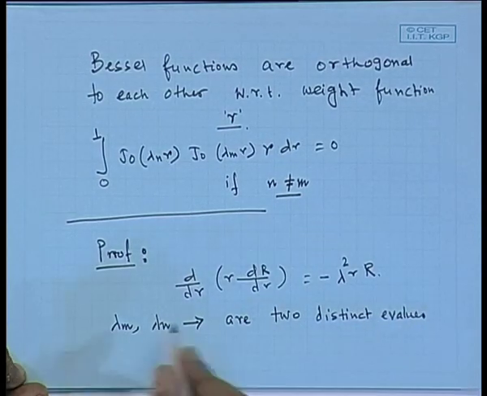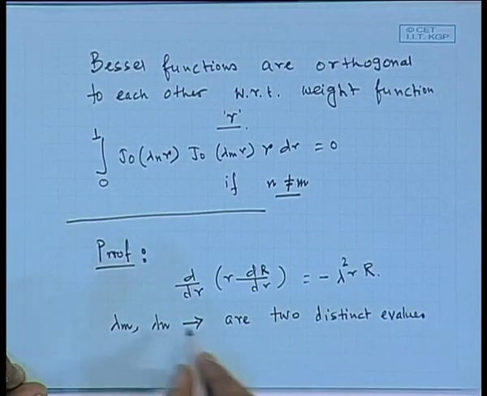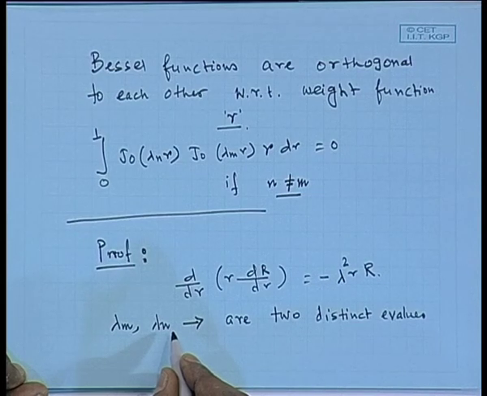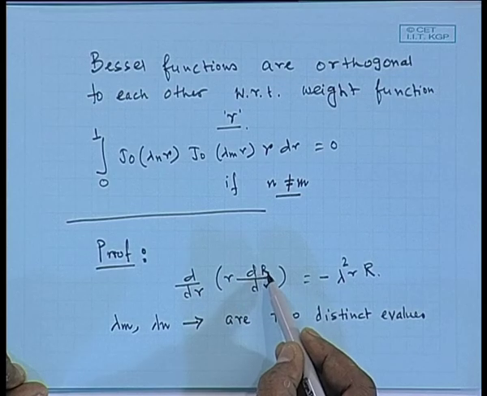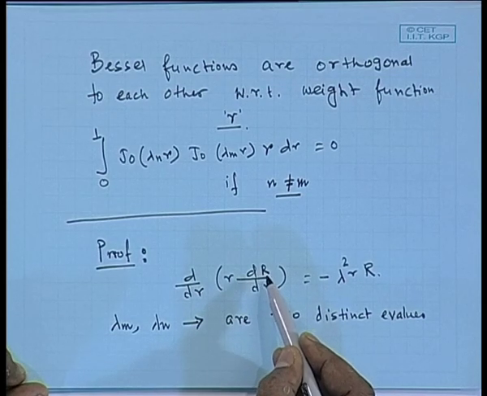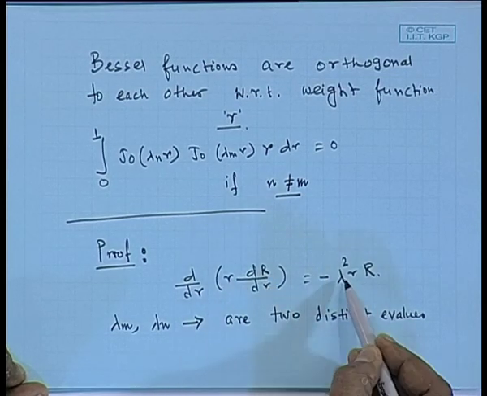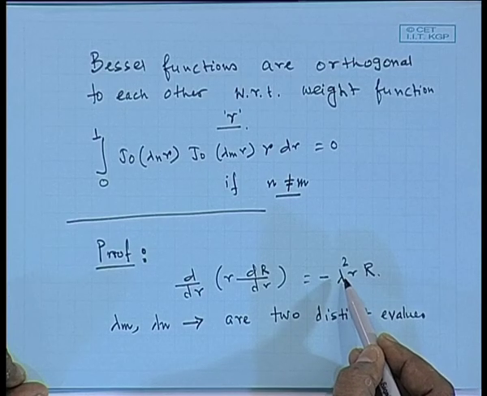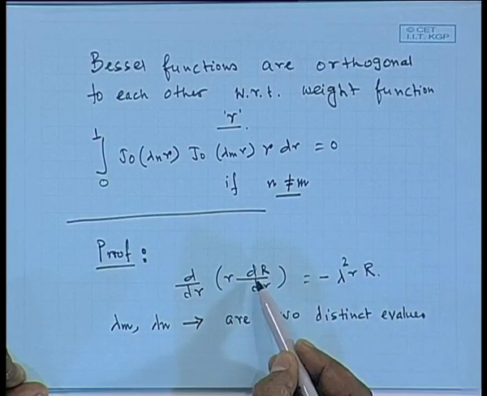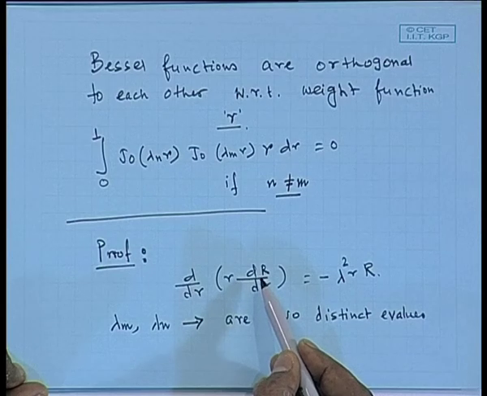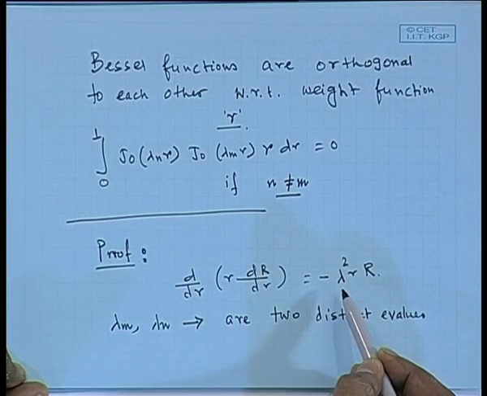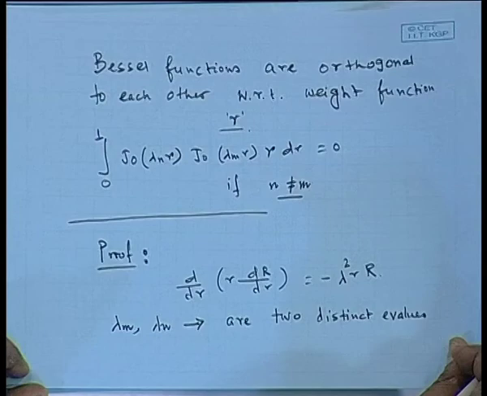Corresponding eigenfunctions are J0(λm r) and J0(λn r). So, R will be assuming J0(λm r) when lambda becomes λm, and R will be assuming J0(λn r) when lambda is equal to λn. Write down these two equations.